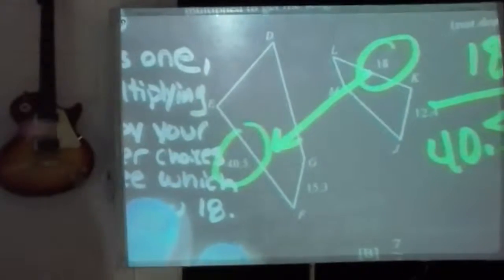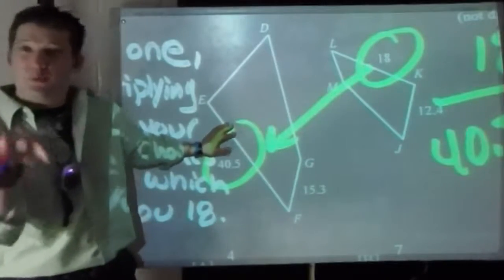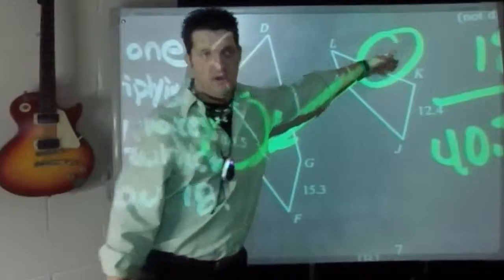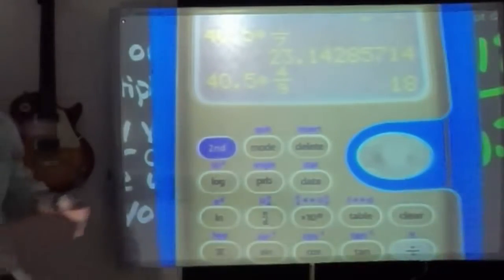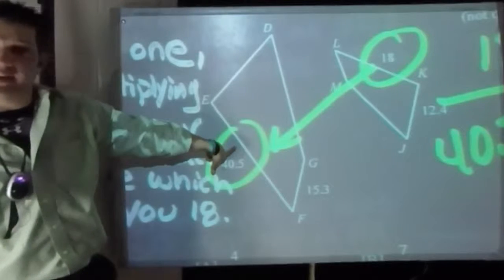One thing that I wanted to point out, though, we know that the scale factor is 4/9, but that's a one-way street. That gets us from here to here. So if you took 40.5 times 4/9, you get 18. What do you think you need to multiply 18 by to get back to here?